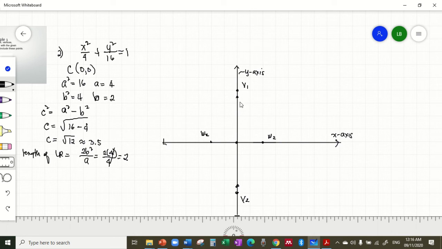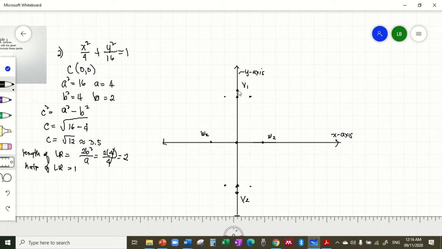So half of LR is 1. So 1, so 1. Dito din 1, 1.